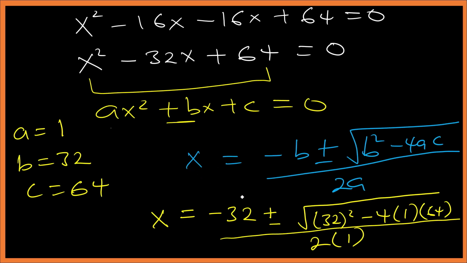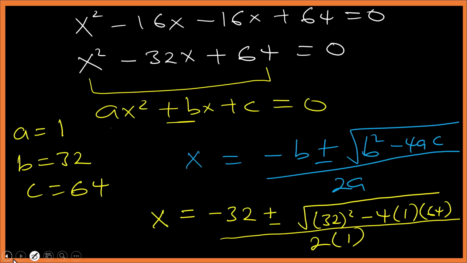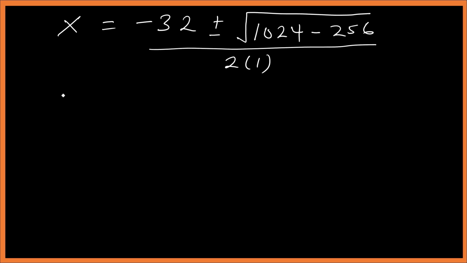So on the calculator, 32 squared will be 1024. So we have minus 4 times 64, that will be 256, all over 2 times 1.